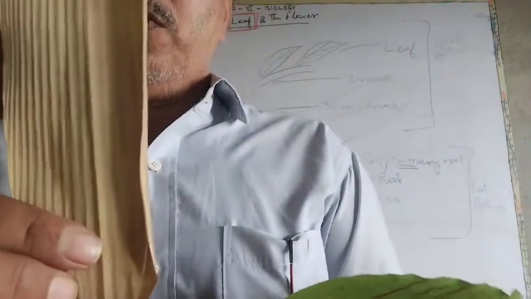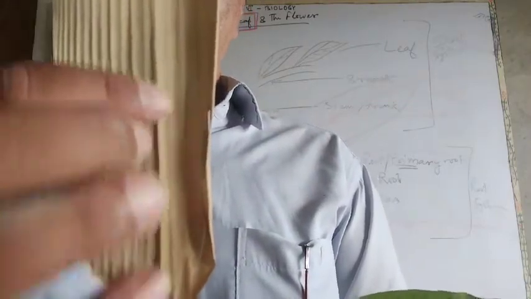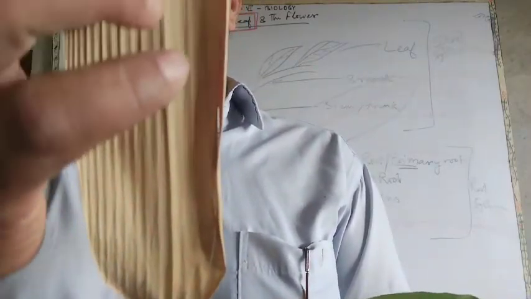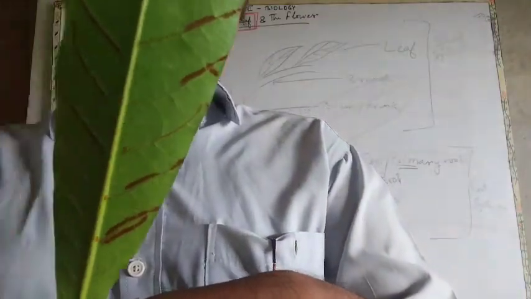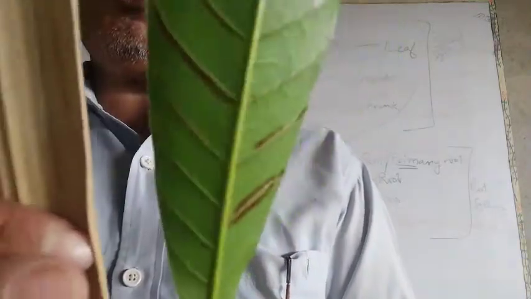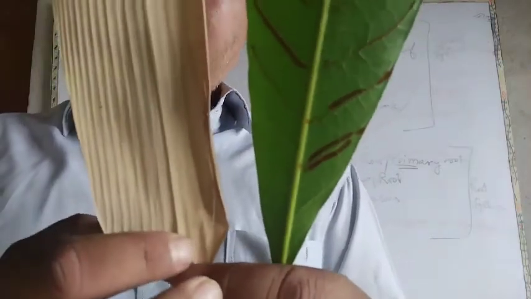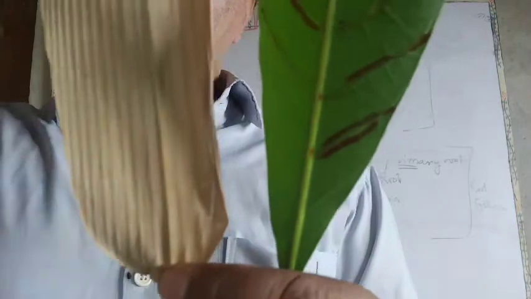So there is no change in the midrib position, but branching from the midrib is not seen in this leaf. Here you have seen branches come out from the midrib, right? So it is not seen in this case. In this case, what is there? Like this main midrib, equally parallel thin veins are developing.